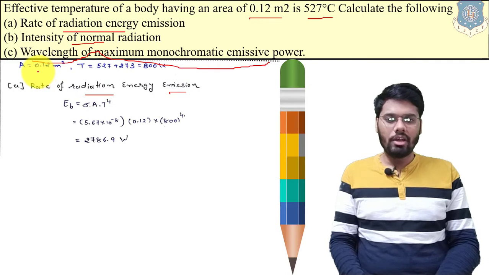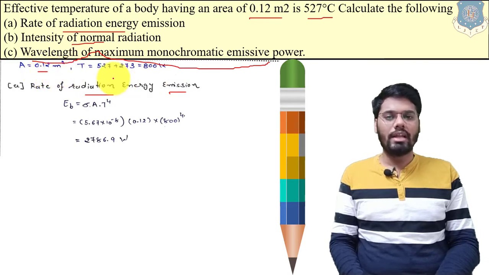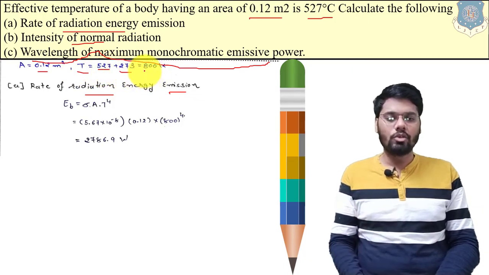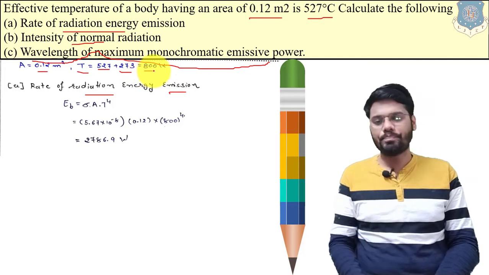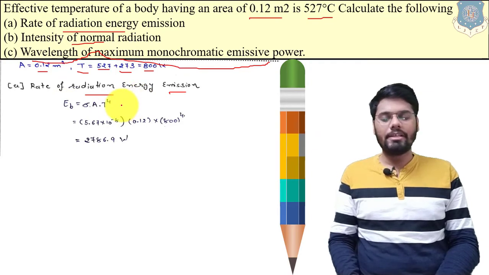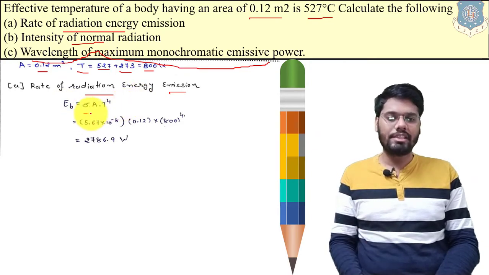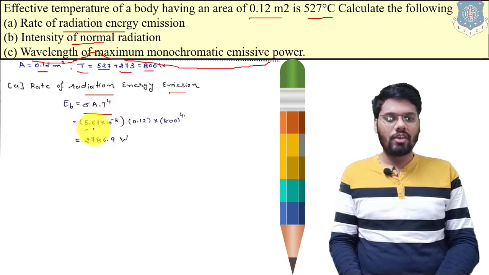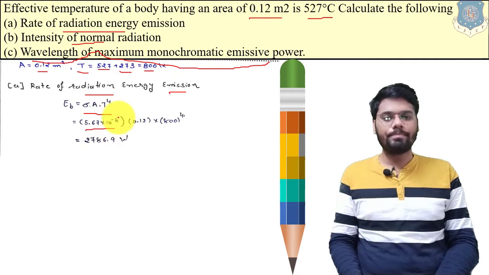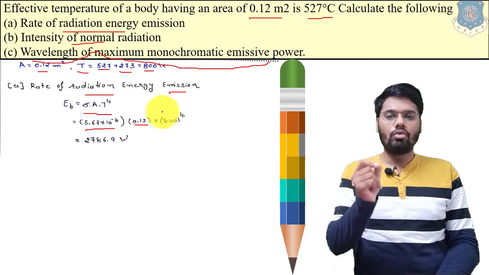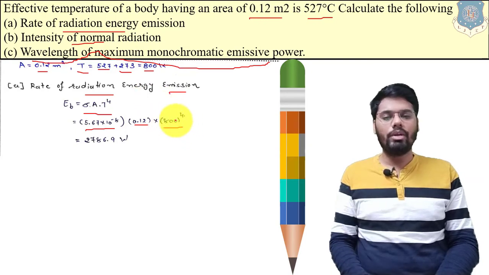In the given data, we have area 0.12 square meters and the temperature of the body is 527 degrees Celsius. To convert it into Kelvin, we add 273, so finally it is 800 Kelvin. The rate of radiation energy can be easily calculated by the Stefan-Boltzmann equation, sigma A T^4. The value of the Stefan-Boltzmann constant is 5.67 × 10^-8, area is 0.12, and the temperature must be in Kelvin, so 800 Kelvin raised to 4.